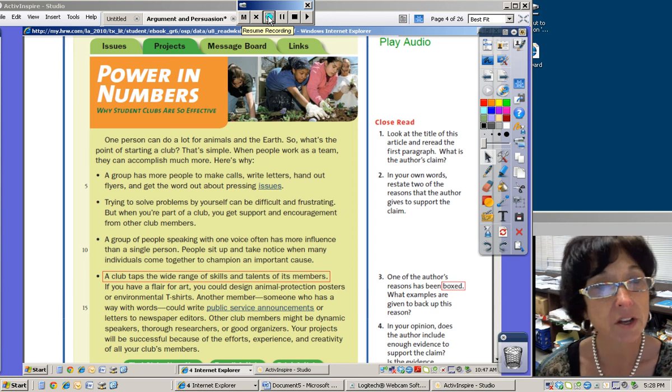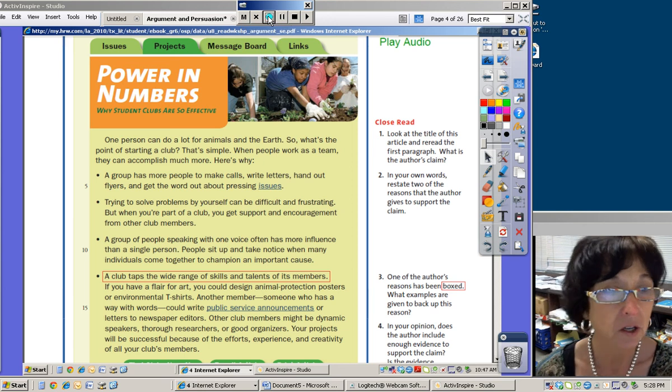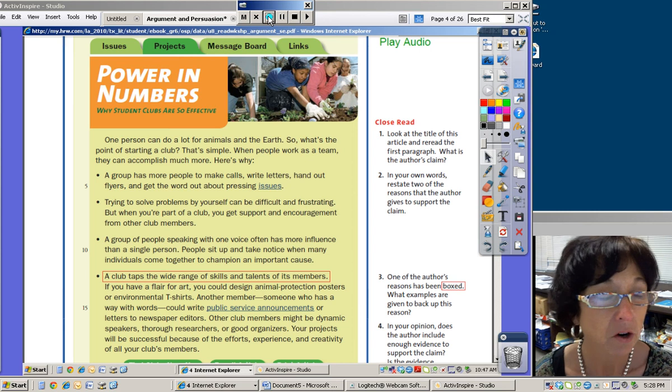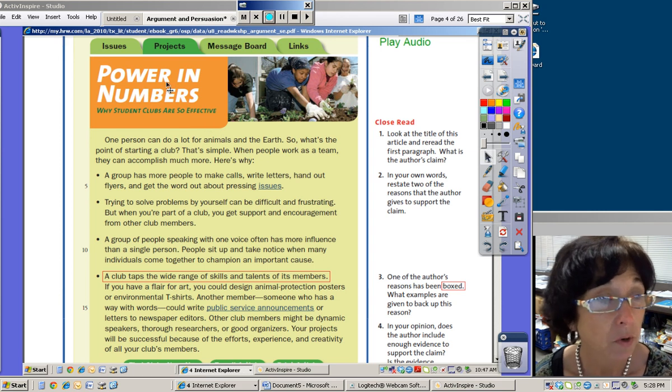Okay, so now that you've read the article, let's take a look. I want to look at the title: Power in Numbers, Why Student Clubs Are So Effective. So we're talking about clubs, talking about power in numbers. Everybody knows that a club is made up of a lot of people. So why is that effective?